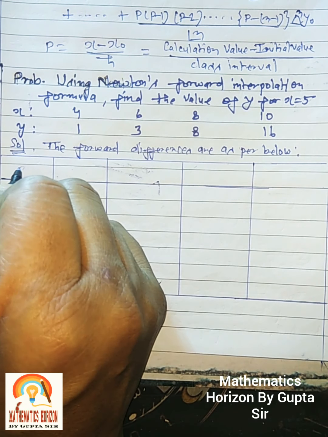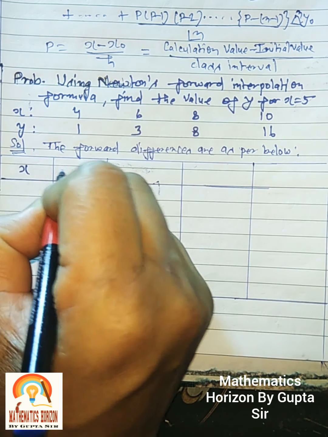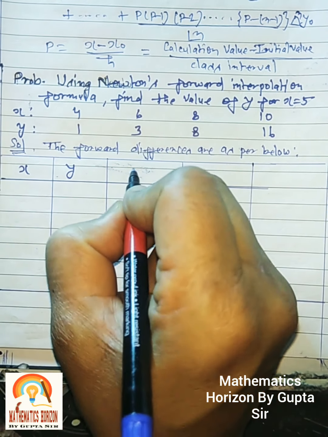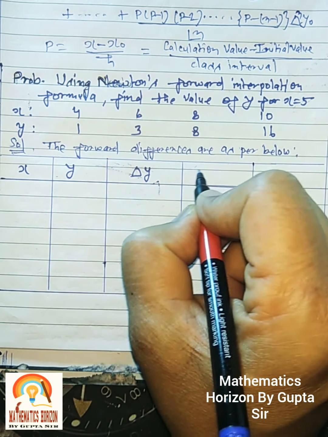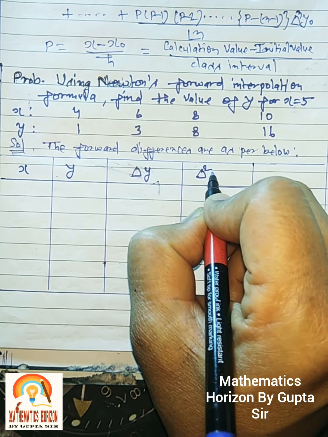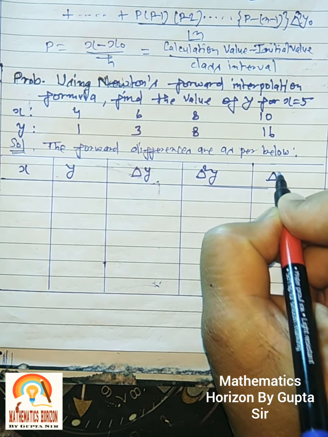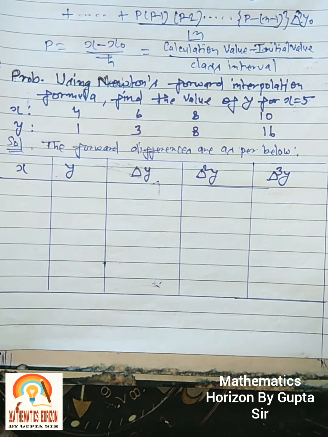Here this is x, here we write y. Here we calculate differences of first order, second order, third order, and so on as per the values of x given here.